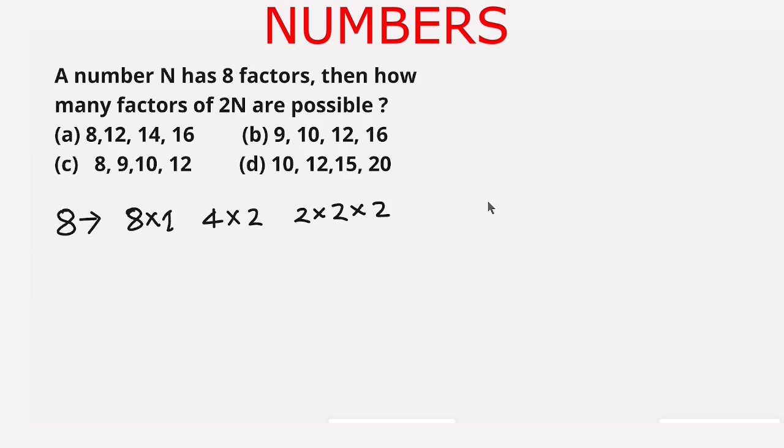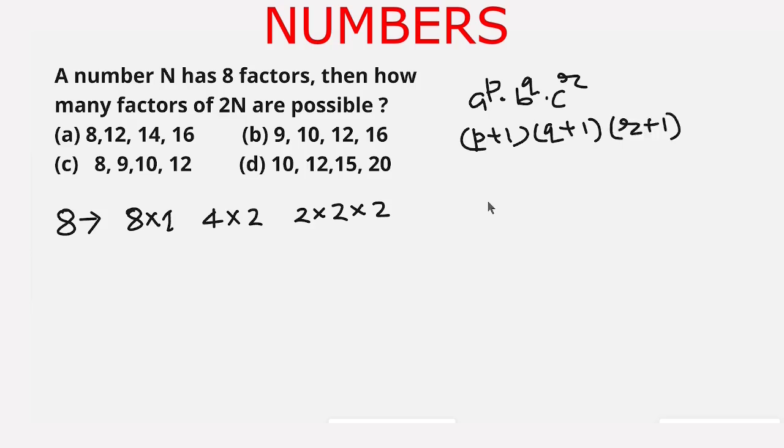We know that for a to the power p into b to the power q into c to the power r, where a, b and c are prime numbers with powers p, q and r, the number of factors is p plus 1 into q plus 1 into r plus 1.